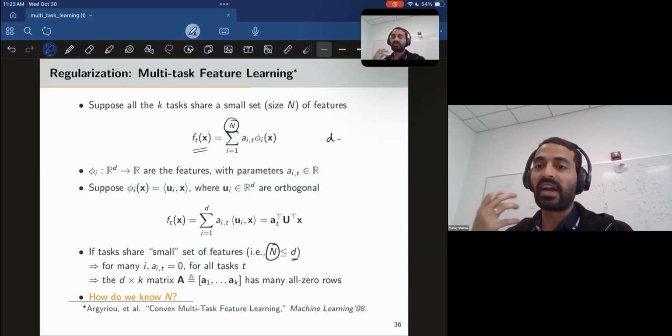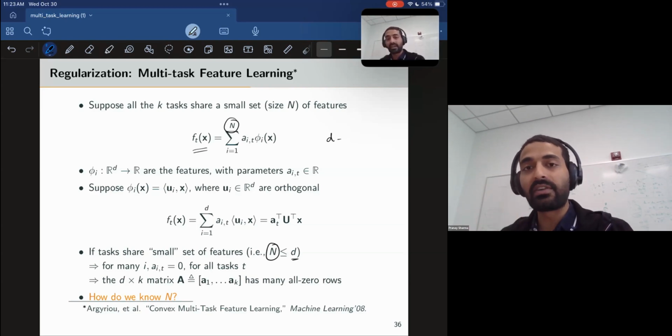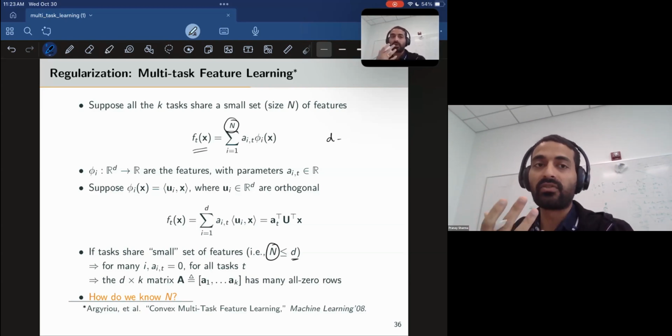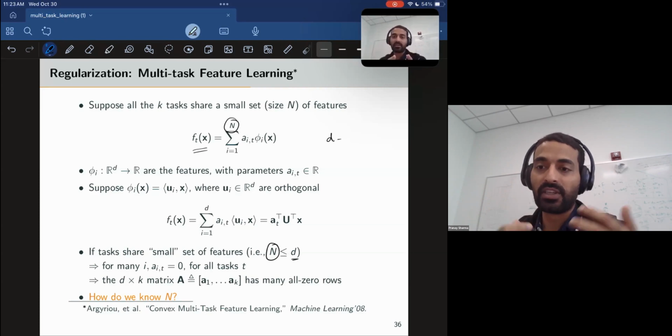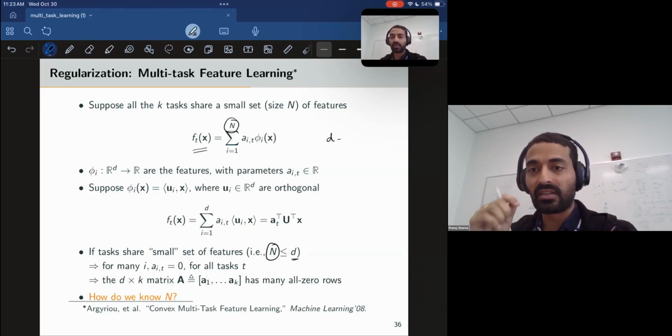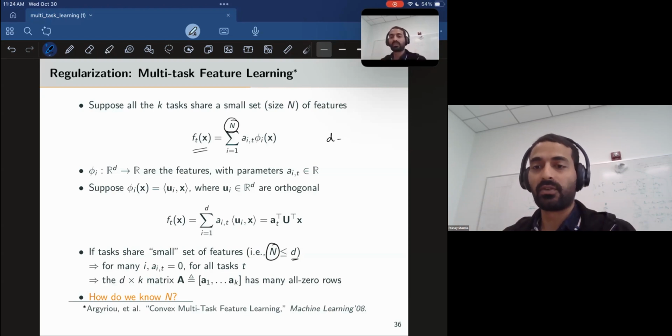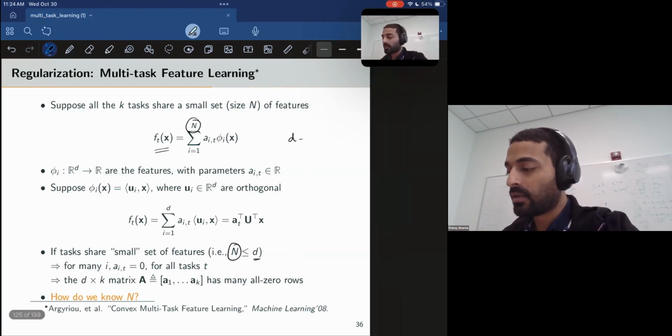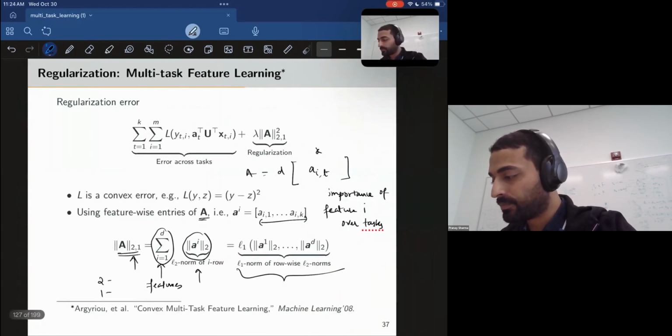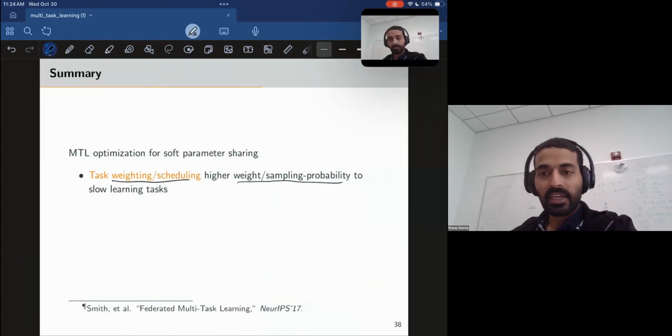To find out which features are relevant to your task, you want to find the subset which helps you get better performance. So rather than hand designing the features, you can collect a bunch of features and then through this regularization, impose this penalty, and this will choose your features for you. Make sense?